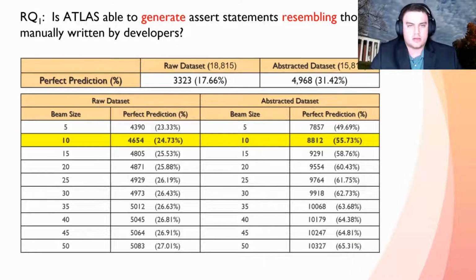Even in the raw data set, we saw an increase of over 7% from only generating one assert statement in the previous step. We also chose 10 because we felt that we weren't overburdening the developer with having to choose from a long list of assert statements to determine which one appropriately fit the test method and focal method.